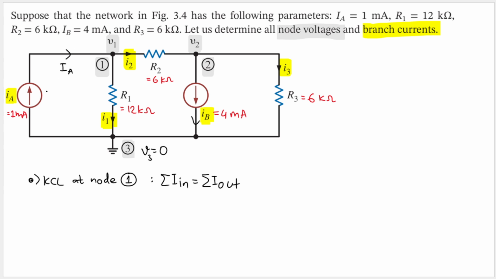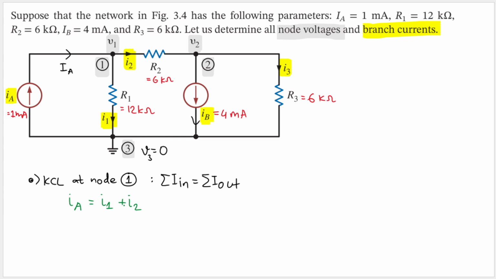The only current that goes in is this IA here. So let's write IA there, and that will equal to I1 and I2. IA is equal to I1 plus I2.